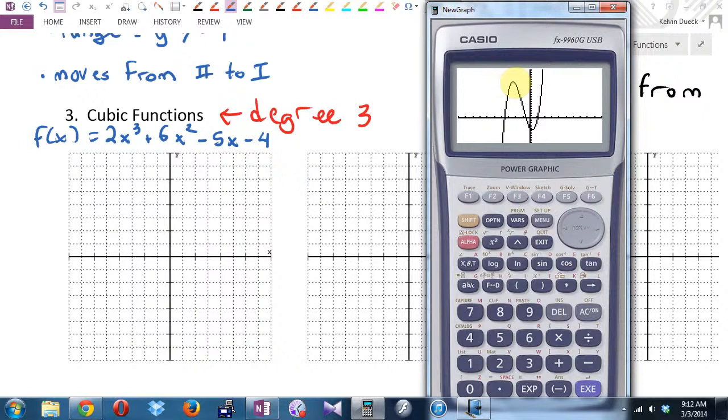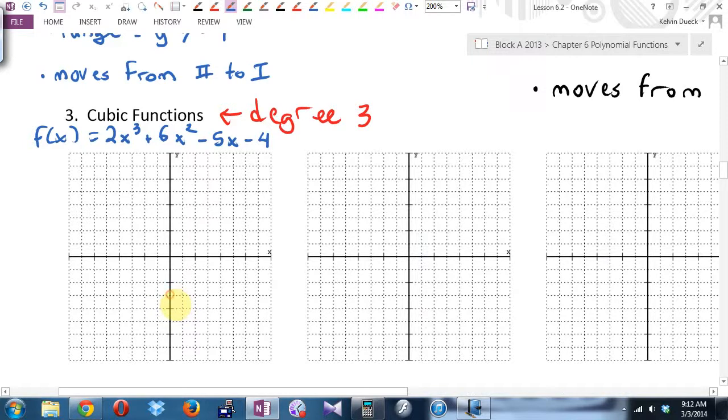Okay. Certainly, I do know one point on this graph. One point on this graph is the y-intercept of -4. One, two, that's not far enough, Mr. Dueck. Okay.